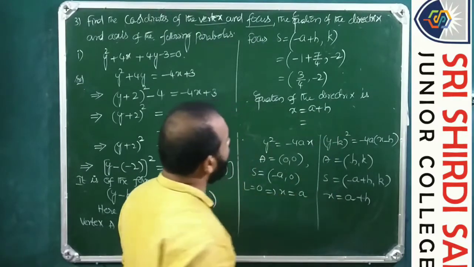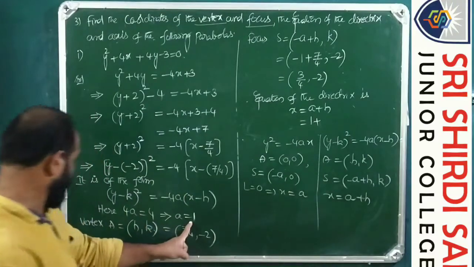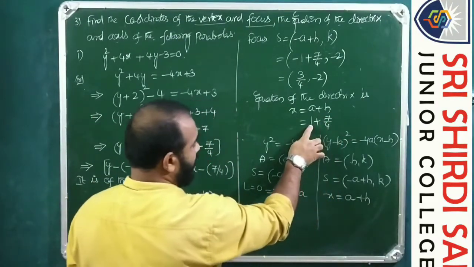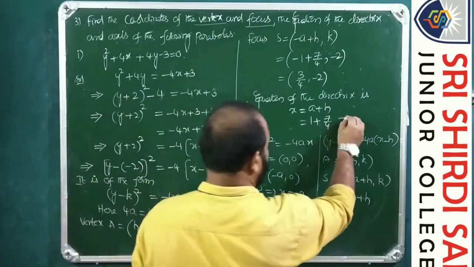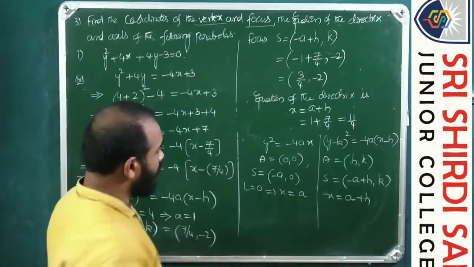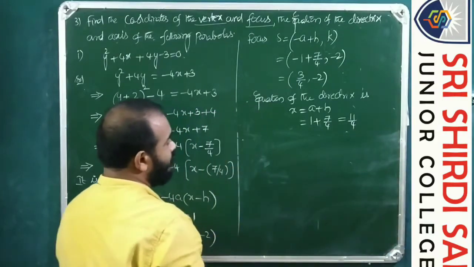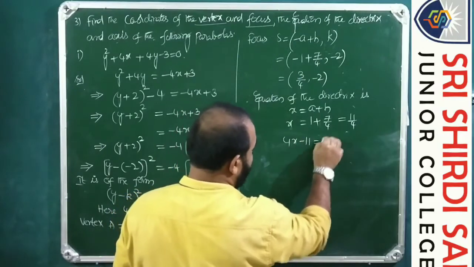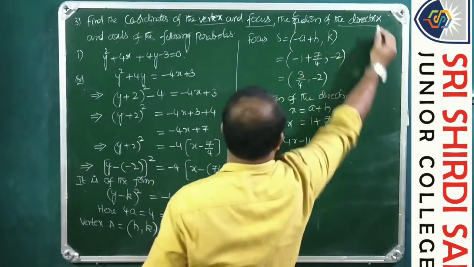So a is 1 plus h is 7 by 4, so 4 plus 7 is 11, that is 11 by 4. So x equals 11 by 4, that is 4x equals 11, or 4x minus 11 equals 0. So the equation of the directrix also we get.